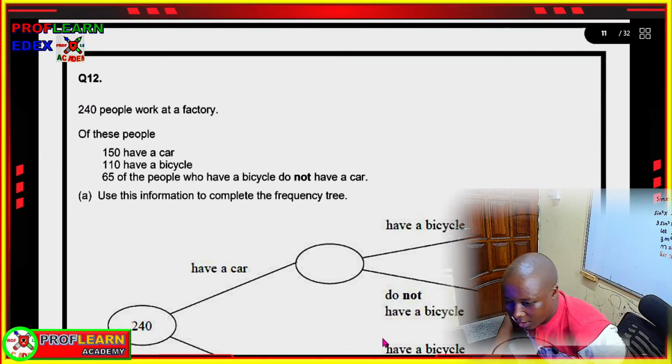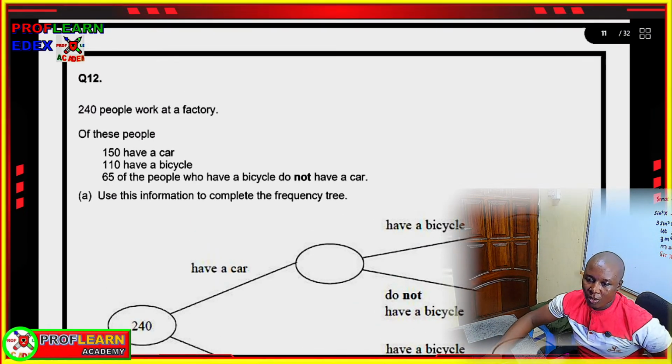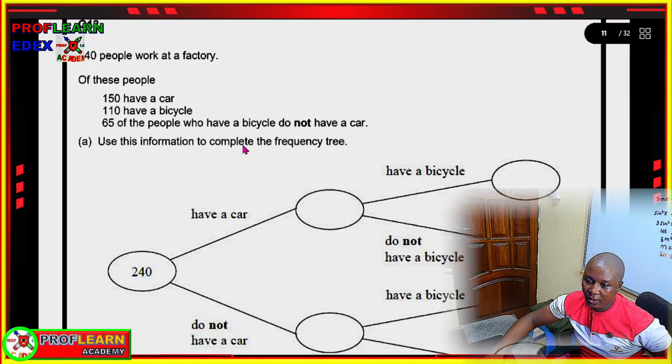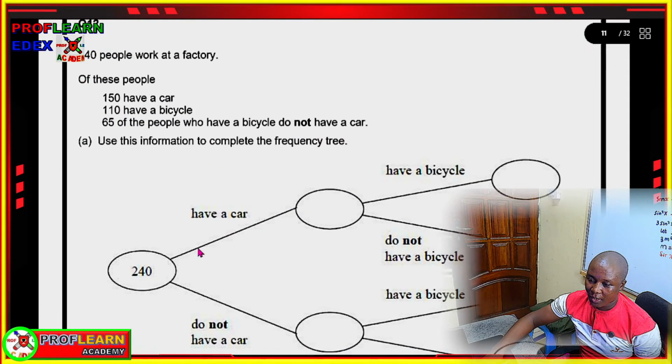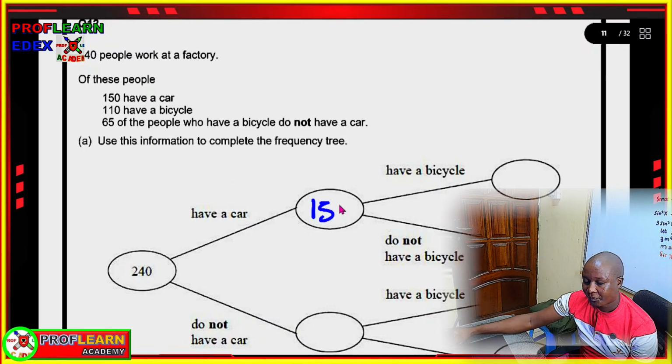So moving to question number 12. This question is, we are told that 240 people work at a factory, 150 have a car, 110 have a bicycle, 65 people do not have a car. Use the information to complete the diagram. Those that have a car are 150.